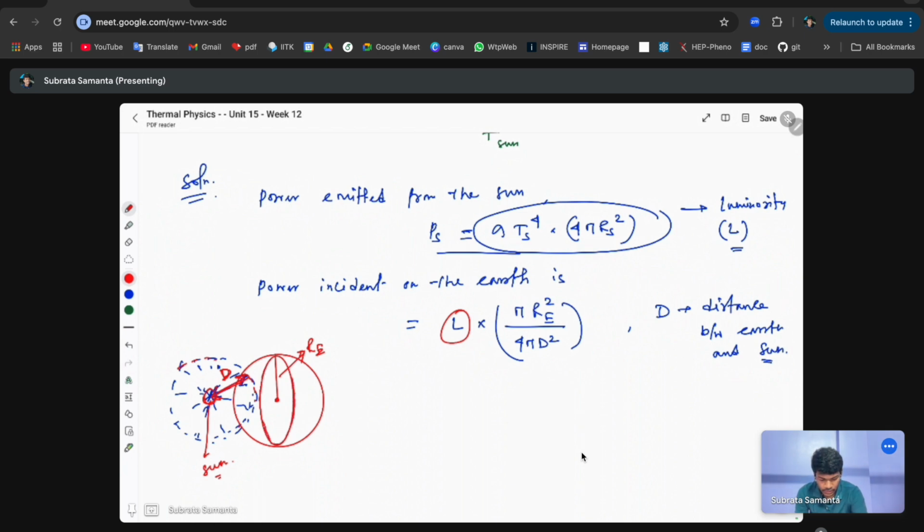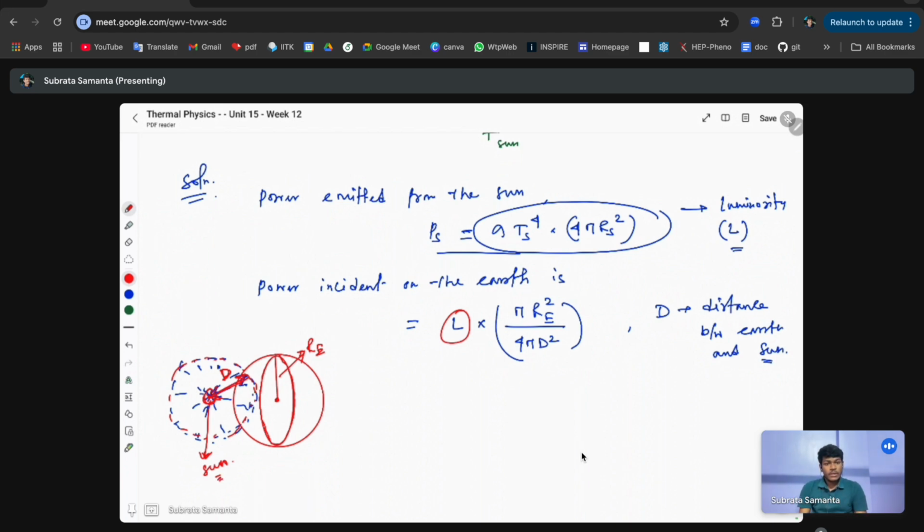We consider a sphere around the sun with radius equal to the distance d.